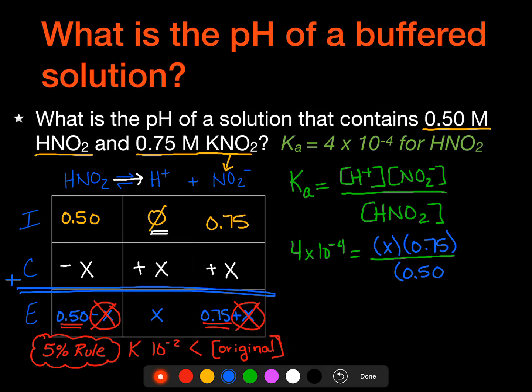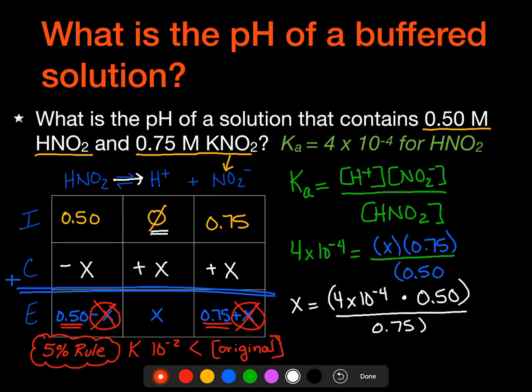Okay. And we want to solve for x. So in order to solve for x, we're going to do x is equal to 4 times 10 to the negative fourth times 0.50 divided by 0.75. Okay. And when I calculated that out, I got x is equal to 2.7 times 10 to the negative fourth. That is our concentration, so we'll say molar.